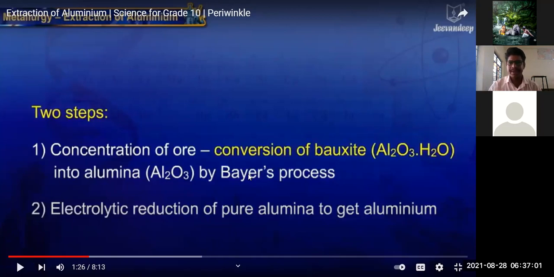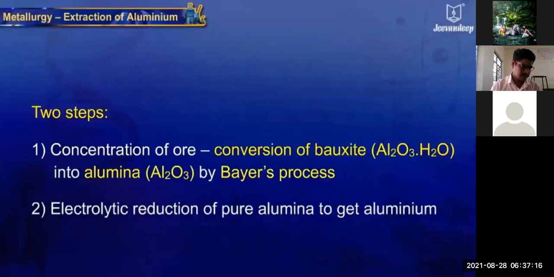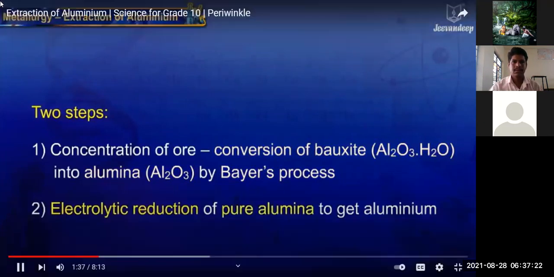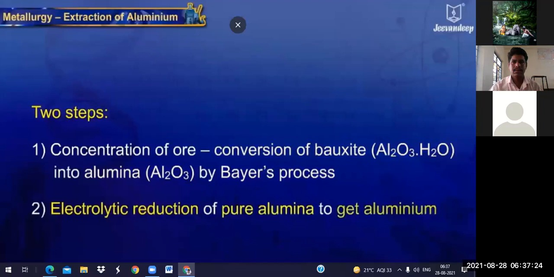Then the Hall's process is also the same, and finally we operate by the electrolysis method. 2. Electrolytic reduction of pure alumina to get aluminium.